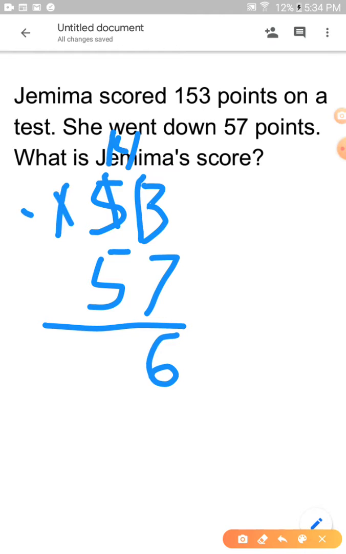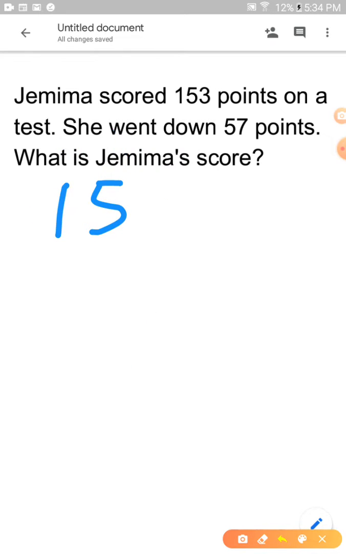So we need to borrow again. And 14 minus 5, you could do it in your head if you want, is 9. So now Jeremiah has 96. Her score is now 96. And that is how you solve subtraction problems.